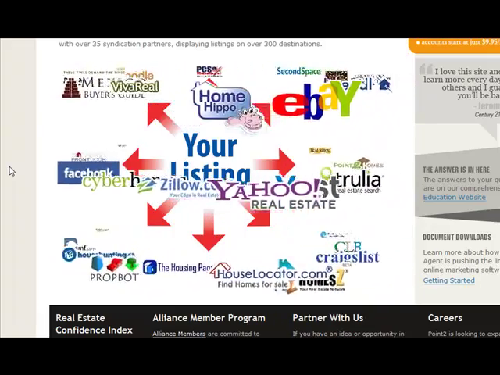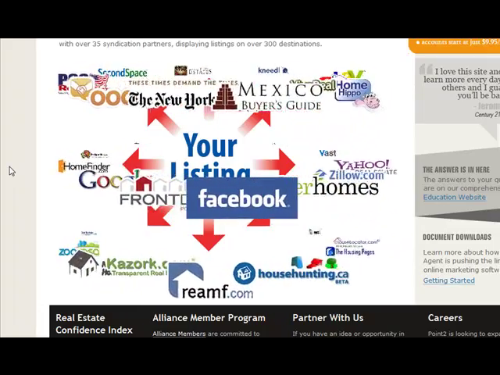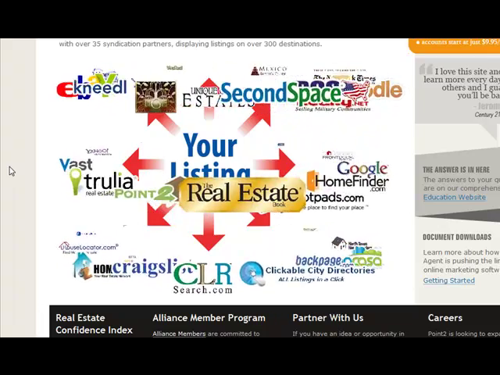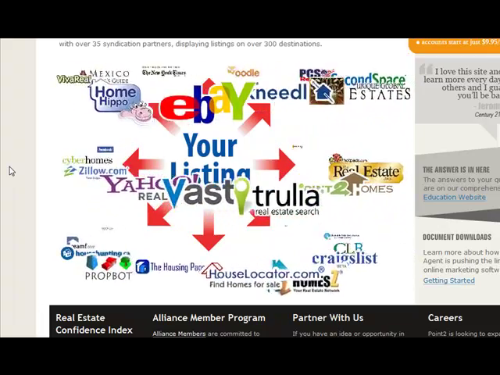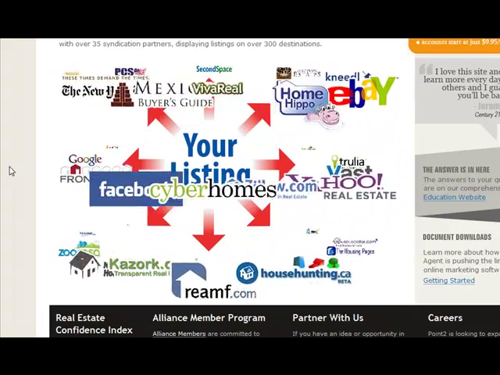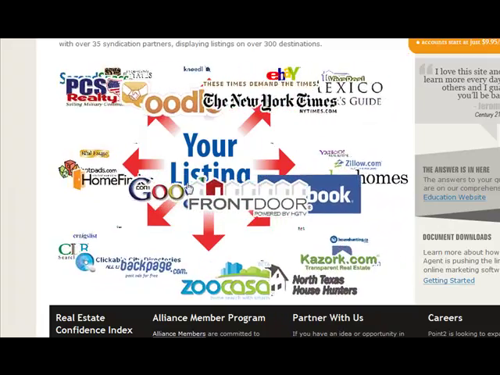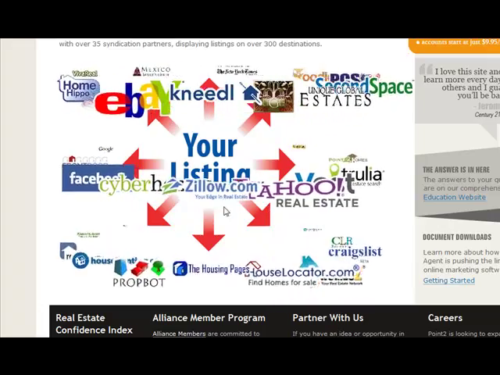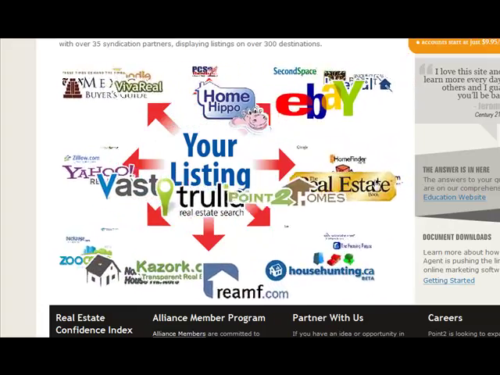We could get into a lot more detail on listing syndication, but the point here is that you need to go out and find a really easy way to make sure that your homes are getting out to all the places that it could possibly show, such as Google Base, Facebook, Yahoo Real Estate, Cyberhome, Zillow, Trulia, the Real Estate Book.